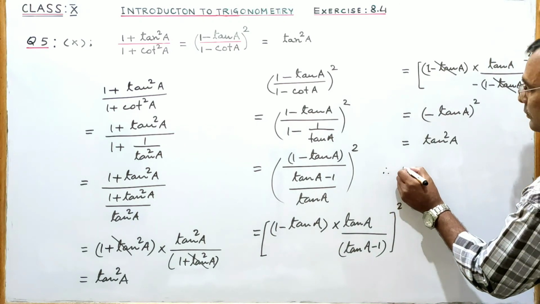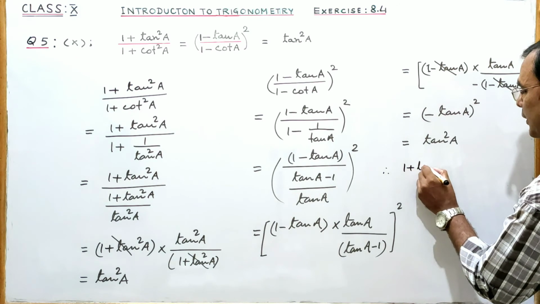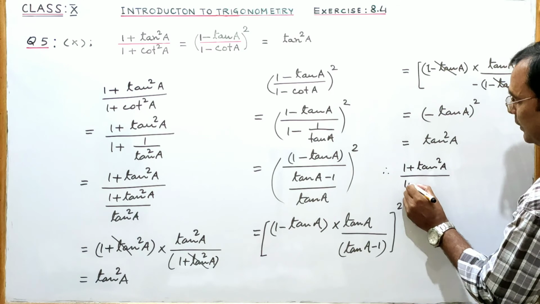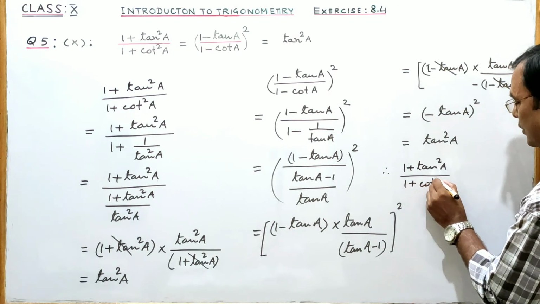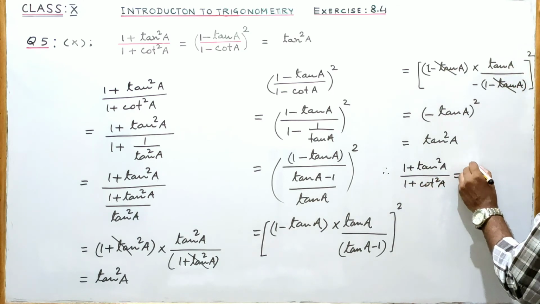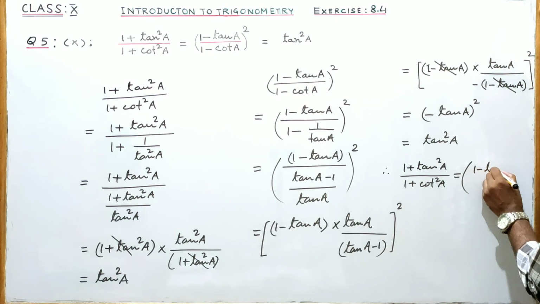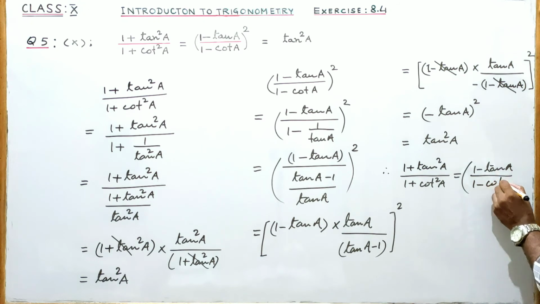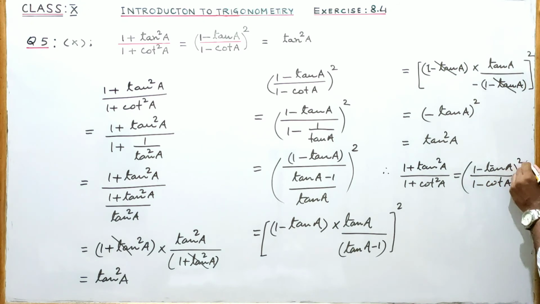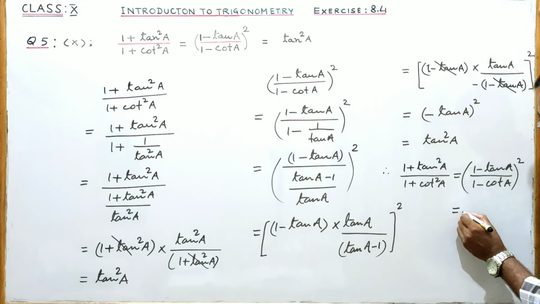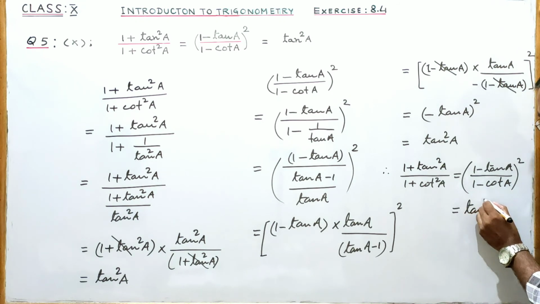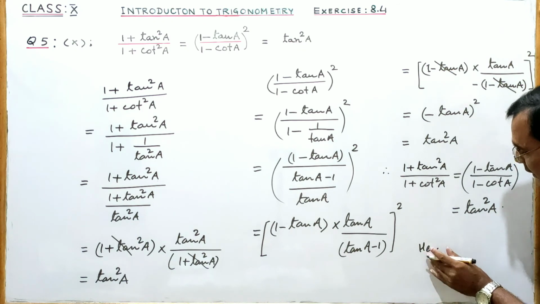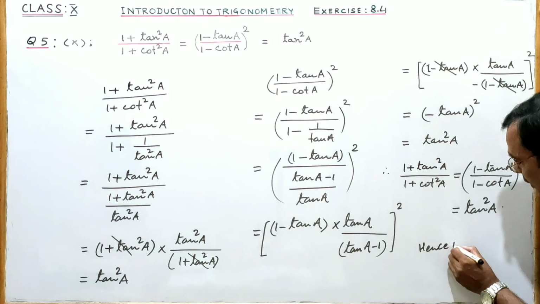Therefore we can write 1 plus tan square a by 1 plus cot square a equal to 1 minus tan a by 1 minus cot a whole square equal to tan square a, and this way this identity is proved. So hence proved.